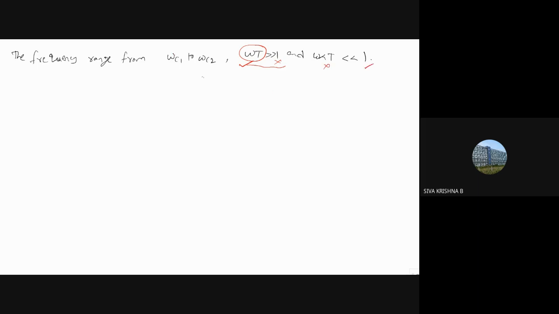So what is the magnitude? 20 log square root of the numerator, (omega T) whole square. In the denominator we take 1, because this is neglected.